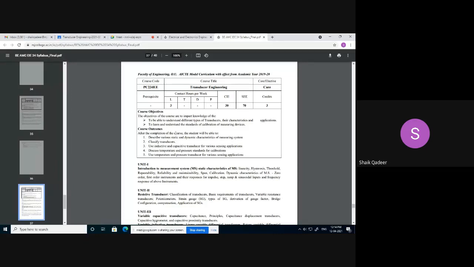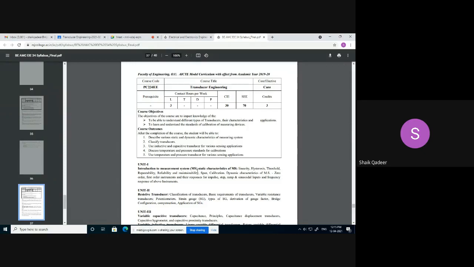And also we will see what are the standard setups available for testing these transducers. Transducer's other name is nothing but measuring devices. So the other objective is to learn and understand the standards of calibration of different transducers.